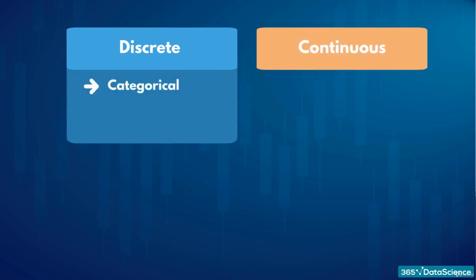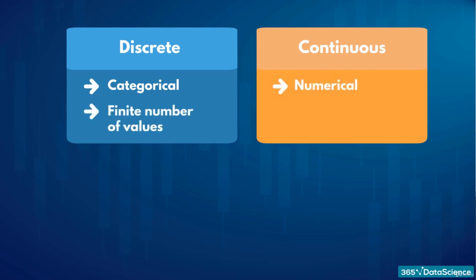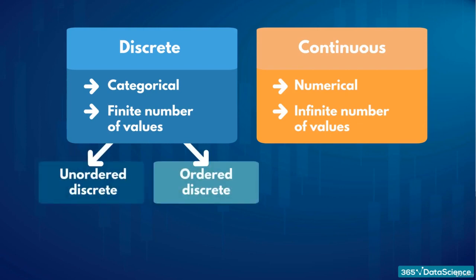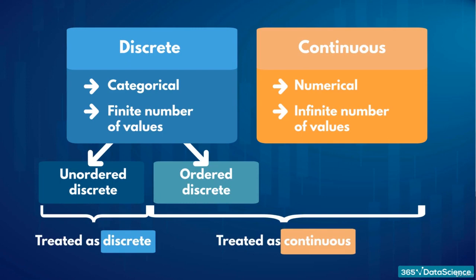Discrete, or categorical variables, take only a certain finite number of values. Continuous, or numerical variables, on the other hand, can take any value in a given range, or in other words, they can take on an infinite number of possible values. To complicate our task even more, some variables take discrete values but can be treated as continuous variables.